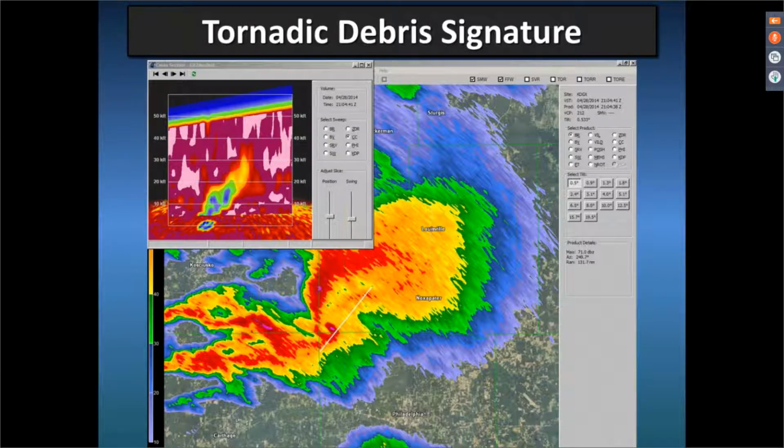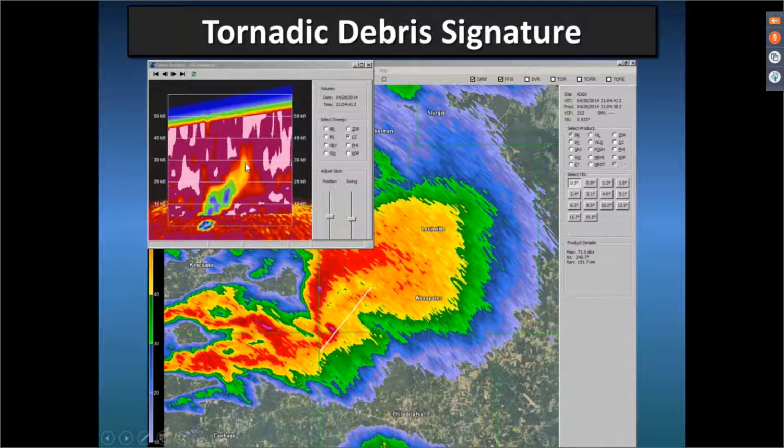And so let's say we had this supercell on radar, like on the screen here. We can do a vertical cross section of that storm, like at the top left, and that shows the storm from the surface all the way up to about 50,000 feet in the atmosphere. And you can see the little ball there of low CC on the vertical cross section. And then we've got the blues and greens, the low CC, going all the way up to about 20,000 feet in the atmosphere.